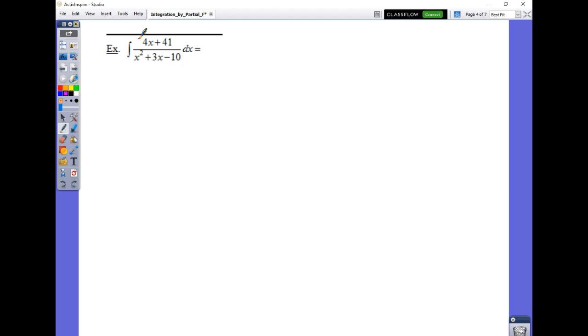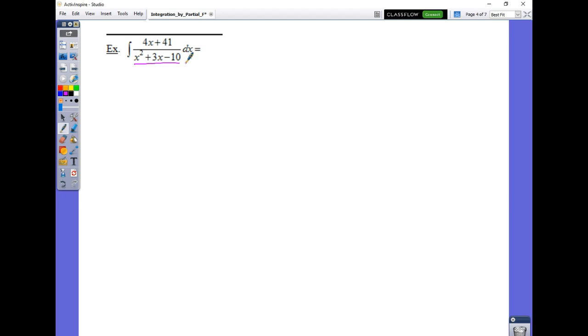So this is where partial fractions comes into play. What we will do is look at the denominator and see if it can be factored. I look at x squared plus 3x minus 10 and we realize that it does factor.